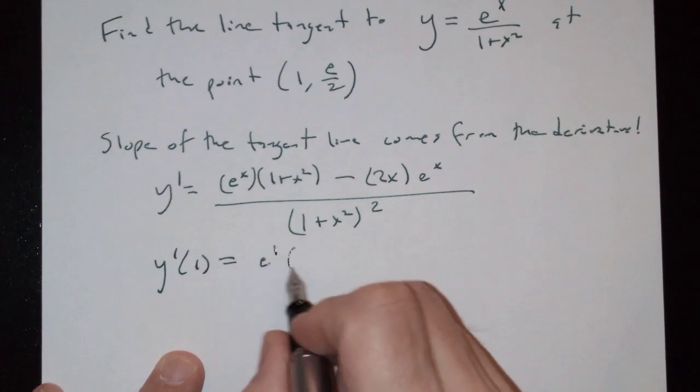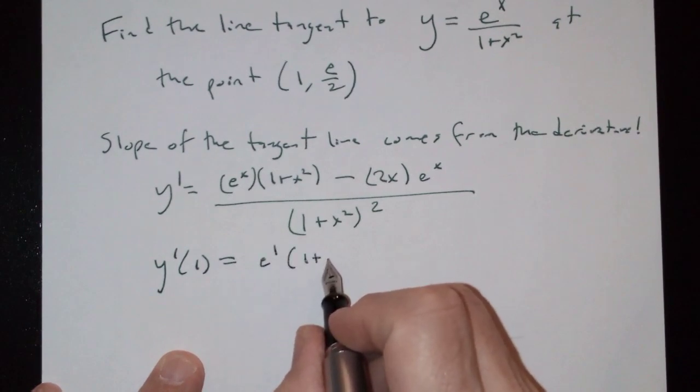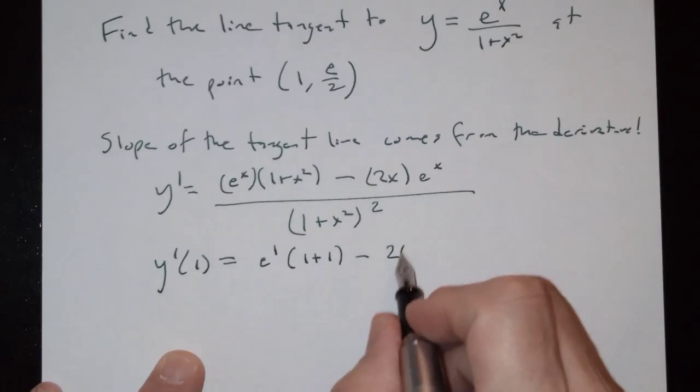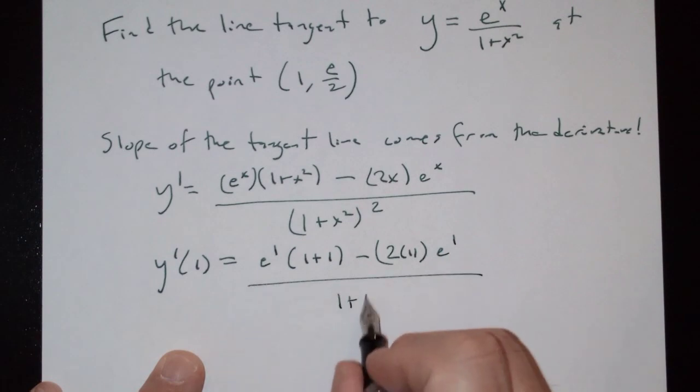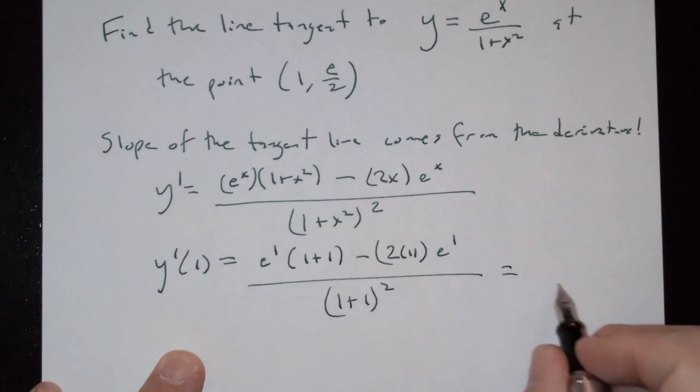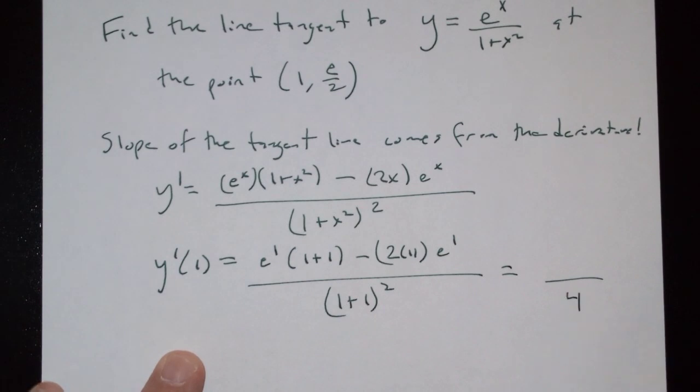E to the 1. 1 plus, what's 1 squared? Minus 2 times 1 e to the 1 over 1 plus 1 squared. The bottom is 4. 1 plus 1 is 2. 2 squared is 4. What's the top?